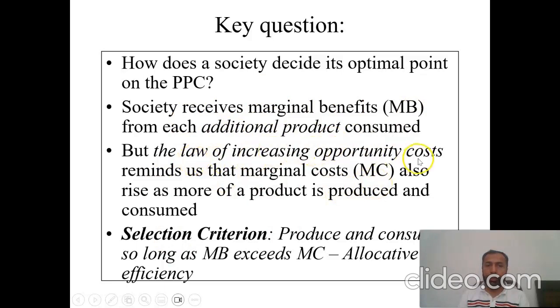The law of increasing opportunity cost reminds us that marginal costs also rise as more of a product is produced and consumed. As long as marginal benefit exceeds marginal cost, production should expand. However, when marginal benefit becomes equal to marginal cost, that is the optimal production, and this concept is also known as allocative efficiency.